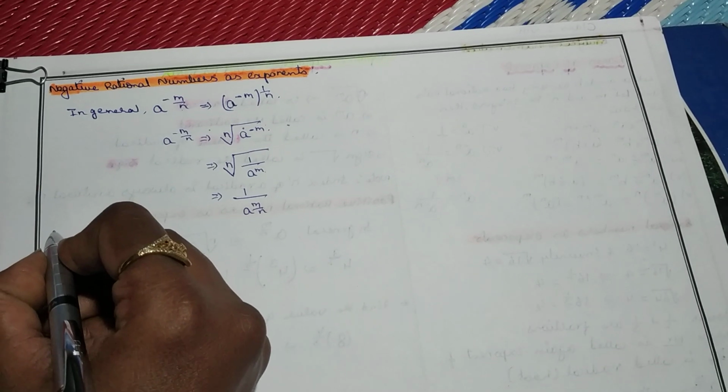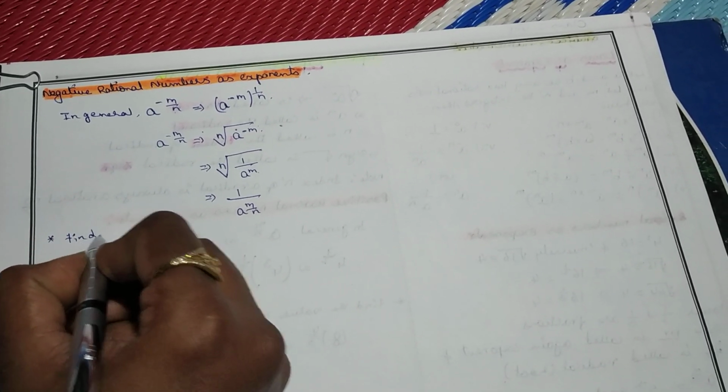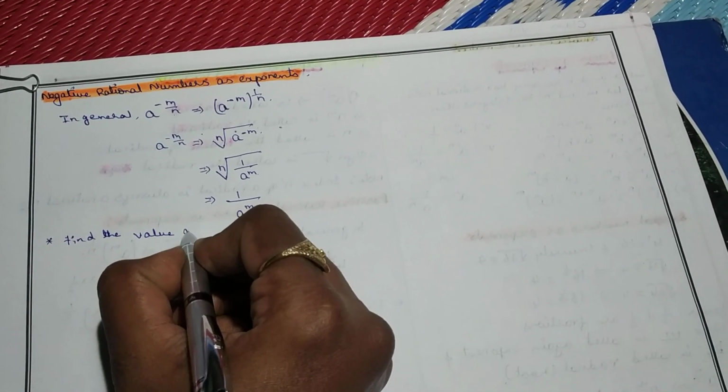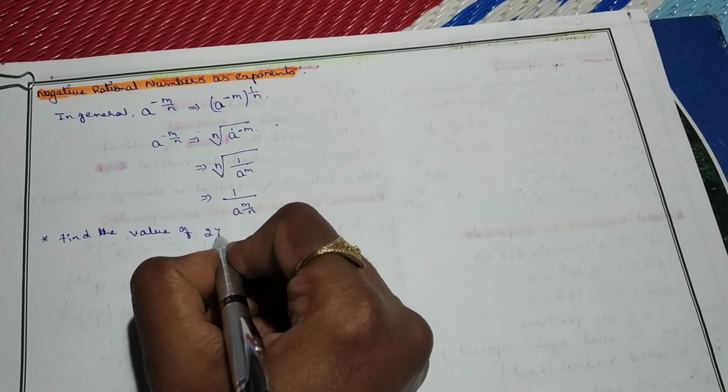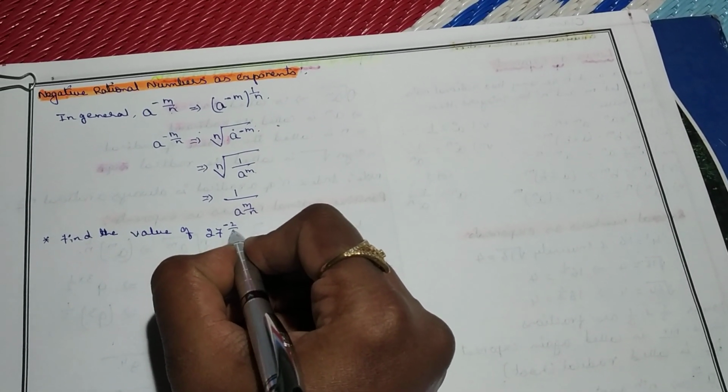So let's solve one example: find the value of 27 to the power of minus 2 by 3.